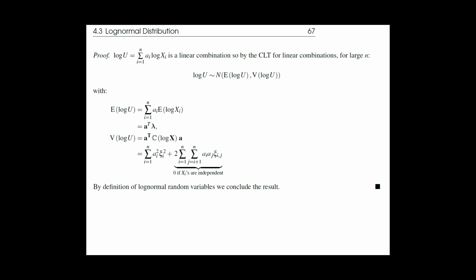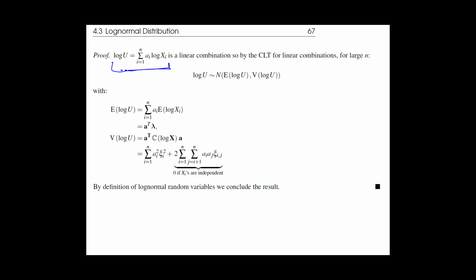When you take the log of u, because u was the product, right? When you take the log, that product turns into a sum of ai times the log of x, right? And then that sum is a linear combination, and therefore we can apply the original central limit theorem, which would say that log of u has the normal distribution, right?